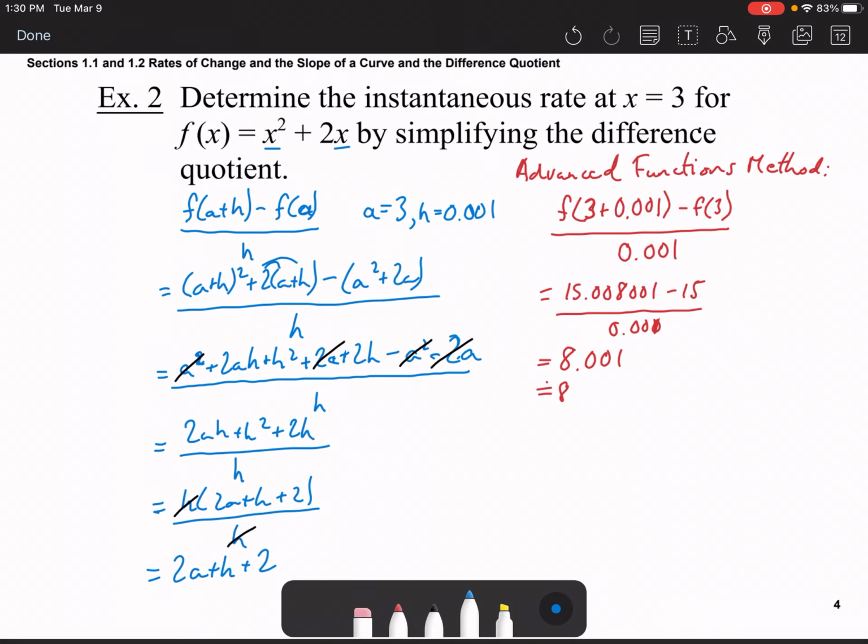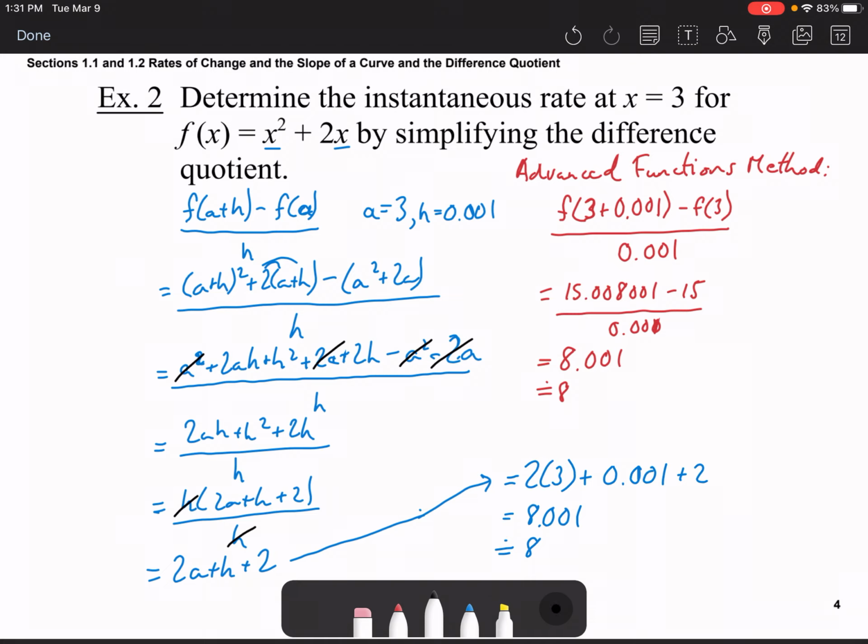So that means if I wish to calculate this instantaneous rate of change, I'm looking at 2 times the value of 3 plus 0.001 plus 2, which again gives me a value of 8.001, or approximately 8.